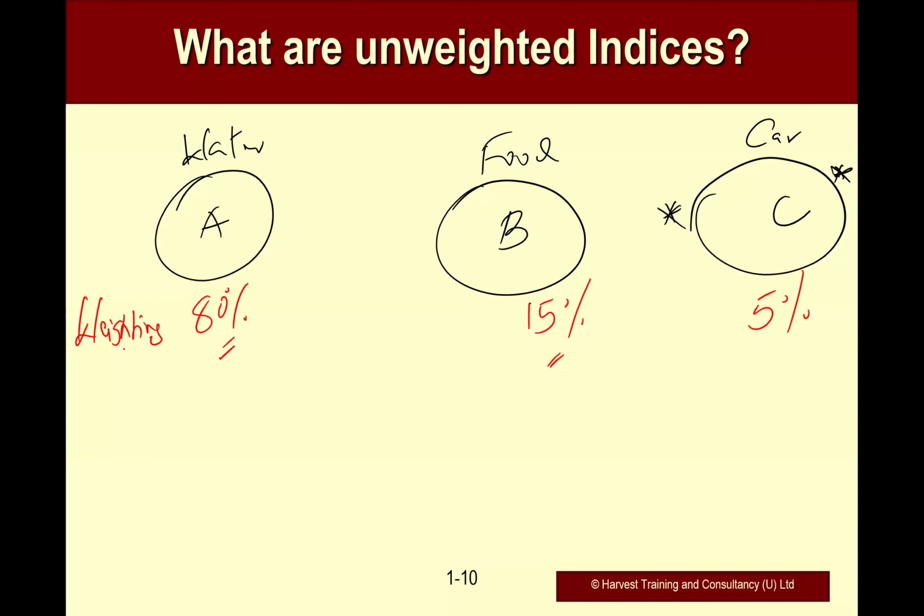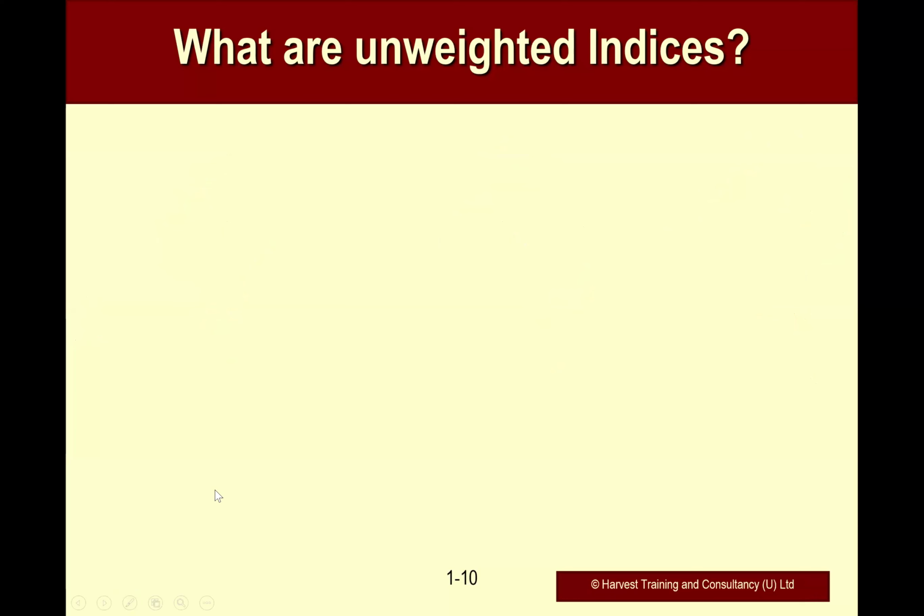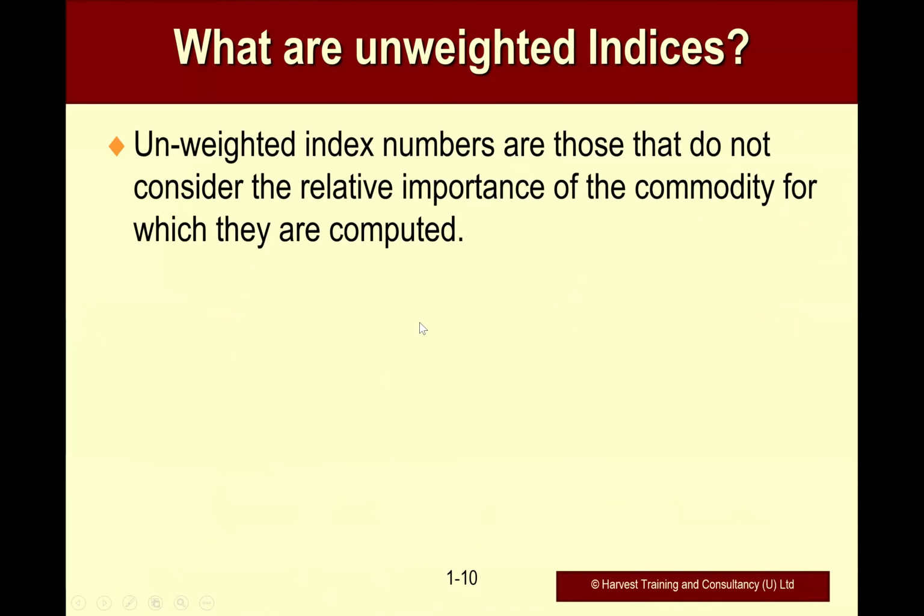And when we are calculating the index numbers, we incorporate the weights. But the unweighted index numbers do not consider that, okay? So the unweighted index numbers are those that do not consider the relative importance of the commodity, whether it is a car, water, food, or electricity, they will give it the same.